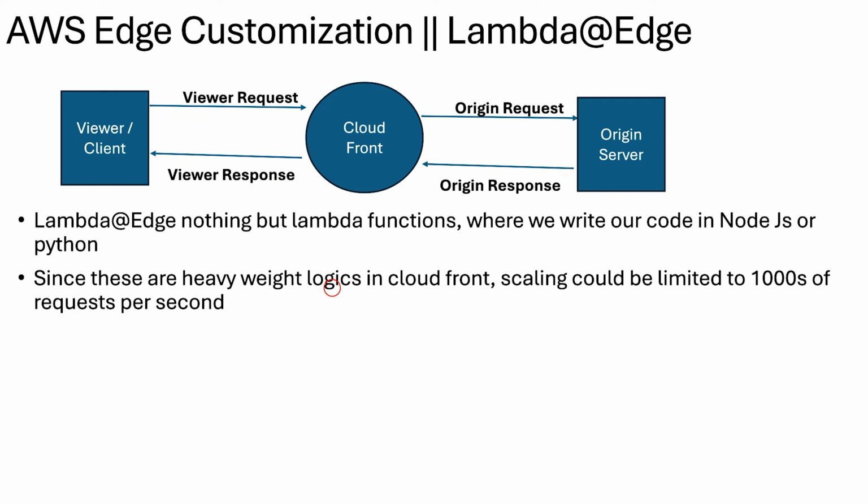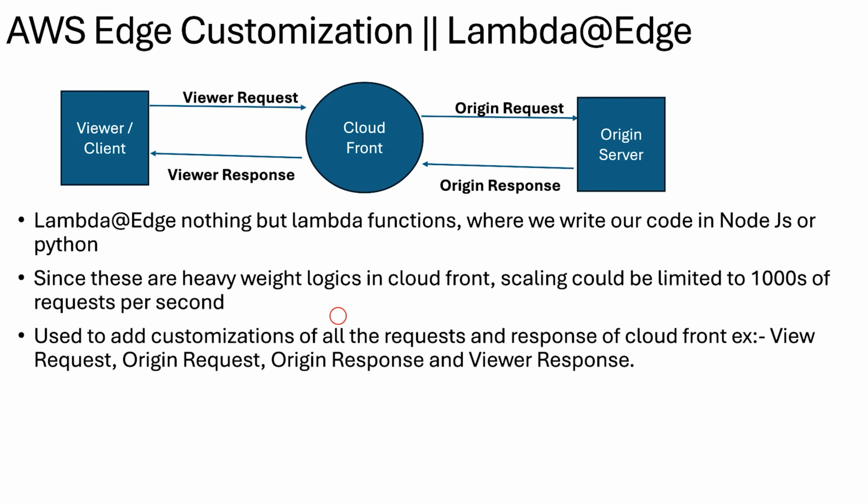So scaling could be limited to thousands of requests per second, whereas CloudFront functions handle millions of requests per second. Lambda is limited to thousands of requests per second because of the heavyweight logic, and you use it to add customizations for requests and responses of CloudFront.